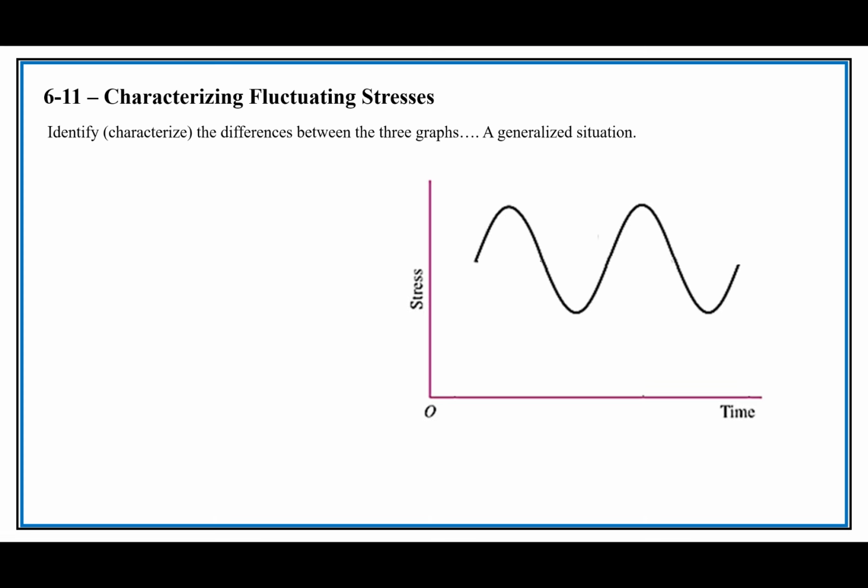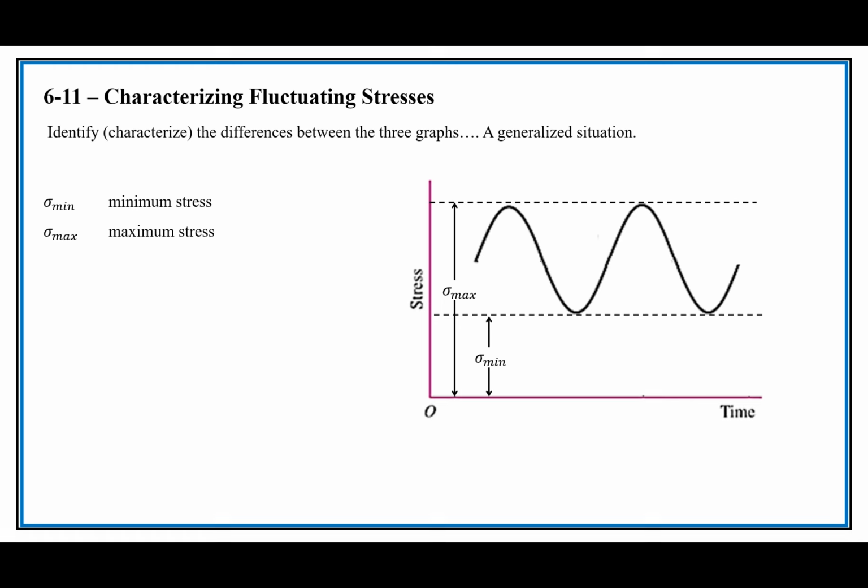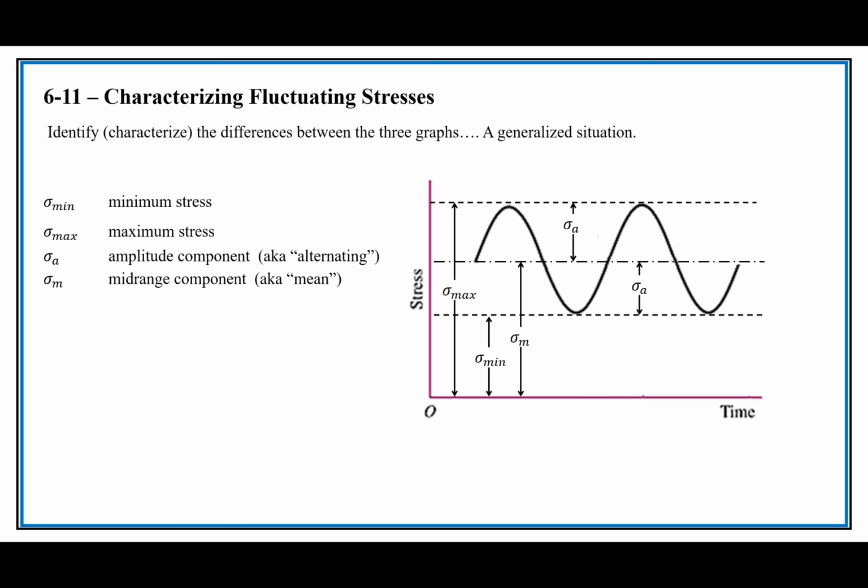So this is the idea where we have this type of stress state. There's going to be a minimum and a maximum, an alternating component and a mid-range component. You can think where we've shifted where 0 is up high, or it could be down low in compression. And then we're going to do our alternating about that midpoint, that mean.